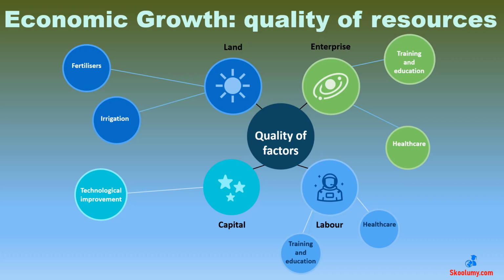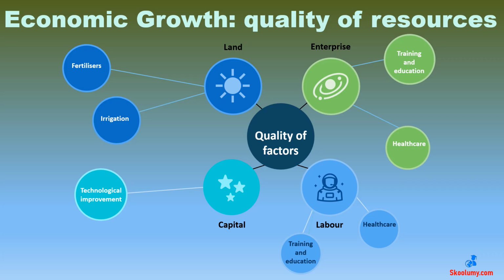The other factor that causes economic growth in the long run is increase in the quality of resources. An increase in quality means productivity has increased. A productive resource or factor will yield more output per unit of factor or input used. For example, the addition of fertilizers to farmland or the use of irrigation can improve the yield or output of the farmland.